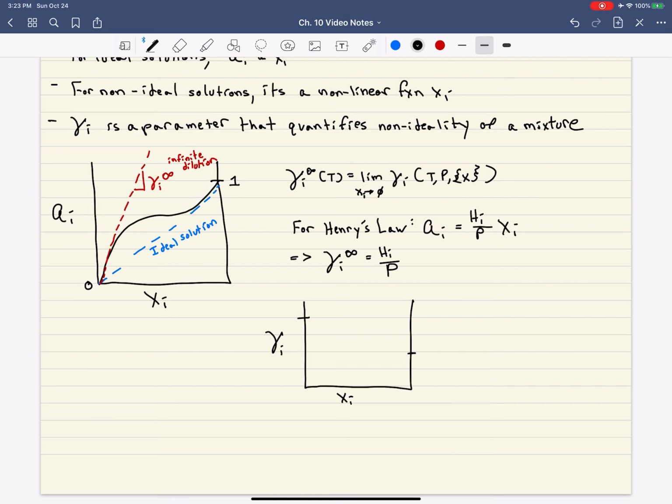At x_i very small, the infinite dilution limit, you get gamma infinity. And when x_i is basically 1, you get that your activity coefficient is also 1. And somewhere in between, you'll see that your gamma sub i value will change.